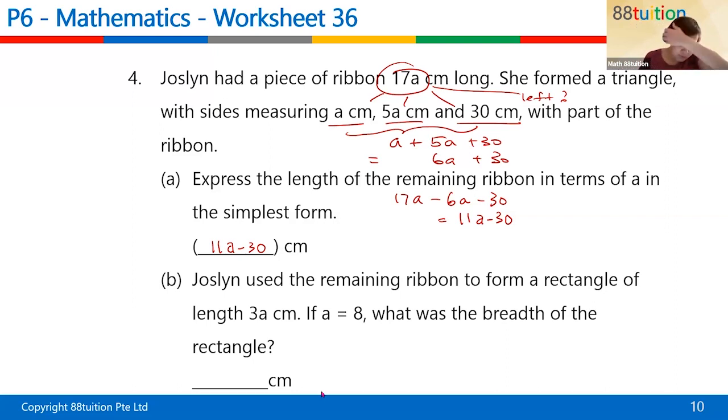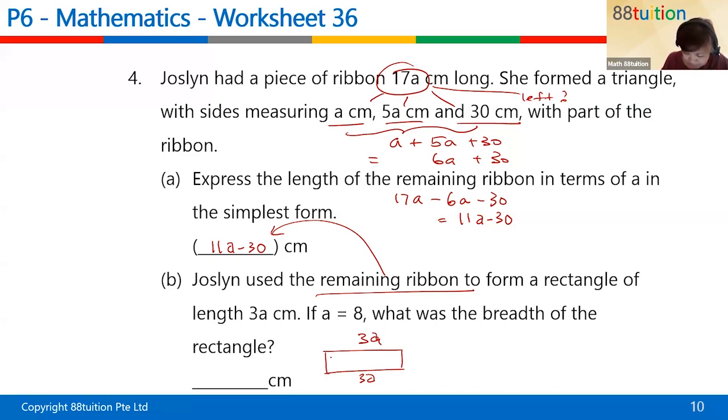Now, Joseph used the remaining ribbon to form a rectangle of length 3A. And if A is 8, what is the breadth of the rectangle? Now, where is the remaining ribbon? Here, 11A minus 30. This is used to form a rectangle of length 3A. So you have 3A in the rectangle. This is also 3A. You don't know what the breadth is, right?